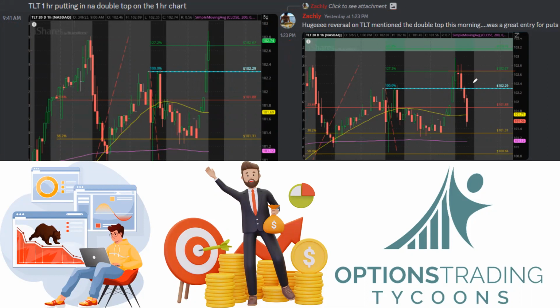We closed below the 102.67 resistance level, the bullish price target on TLT on the 1-hour chart. Even though we were above over here, that double top got put in and we saw a big reversal, okay? We had some traders able to get over 100% on put options, basically options going short on TLT, and really good trading opportunities in the Discord.